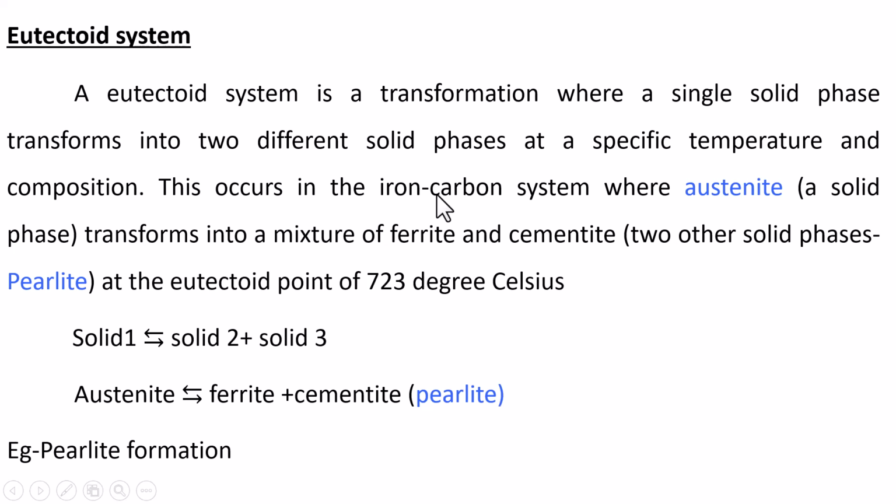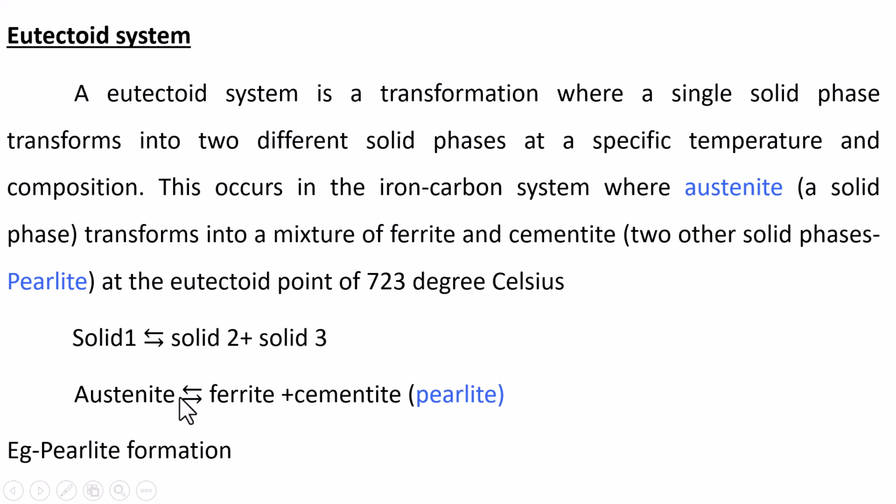This occurs in the iron-carbon system where austenite, a solid phase, transforms into a mixture of ferrite and cementite, two other solid phases, called pearlite, at the eutectoid point of 723 degrees Celsius. That means a solid on cooling gives two other solid phases, solid 2 and solid 3.